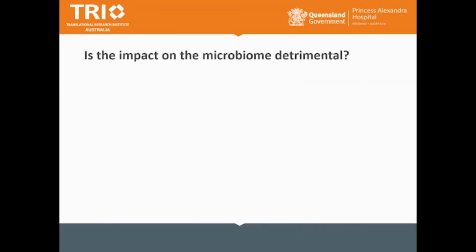The other thing we really need to know is whether the impact of the low FODMAP diet on the microbiota is detrimental in the first place. Yes, we see a reduction in bifidobacteria, but does that have any implications for colonic health? We actually don't know the answer to that. As I mentioned earlier, diversity is unchanged in response to a low FODMAP diet, so that's possibly reassuring.